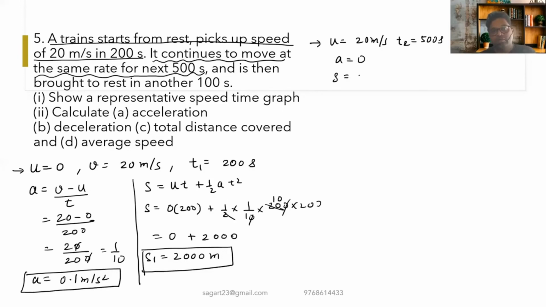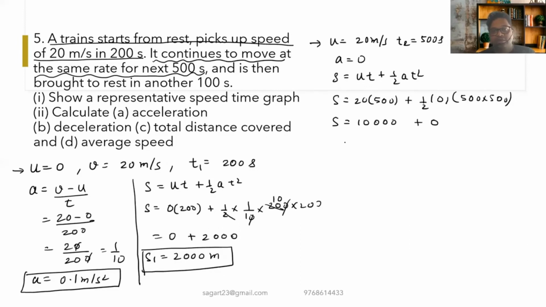So the distance covered is equal to ut plus half at squared. So that is 20 into 500 plus half into 0 into 500 into 500. So this will be 10, and that will be 10,000 plus 0. So this is 10,000 meters. I call it S2.